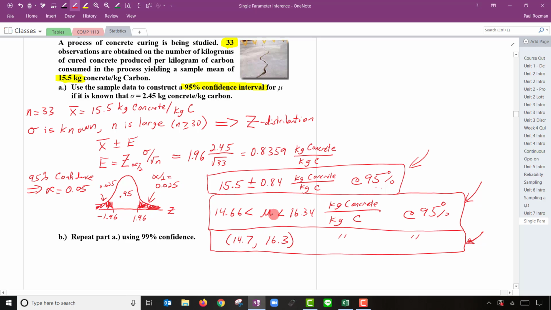Personally, I like the second version because it shows me that you know what you just estimated. We didn't know what mu was. We figured out what x bar was, and now we think that mu is somewhere in this interval. We're 95% confident in this. We might be wrong.